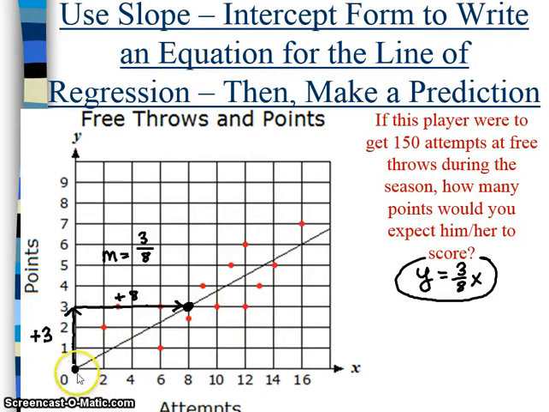Now, obviously, we cannot use our previous strategy of extending the line because we're only at 16 and we're talking 150. That would be quite a task to extend it that far. But we do know that 150 is the number of attempts, or the x value. So we know that x is 150. We just have to figure out what y would be.